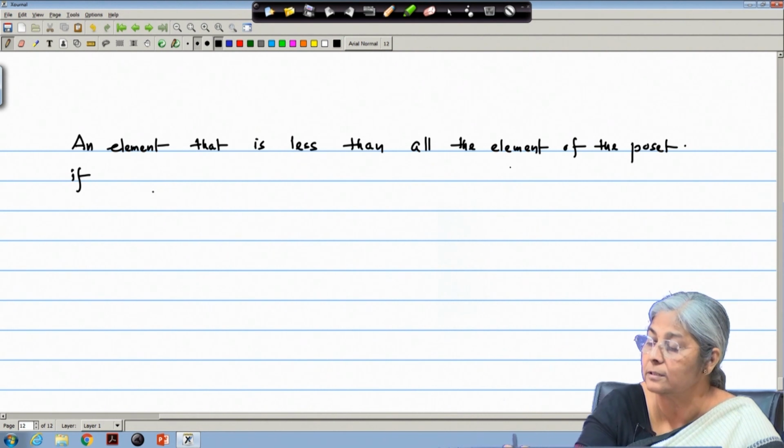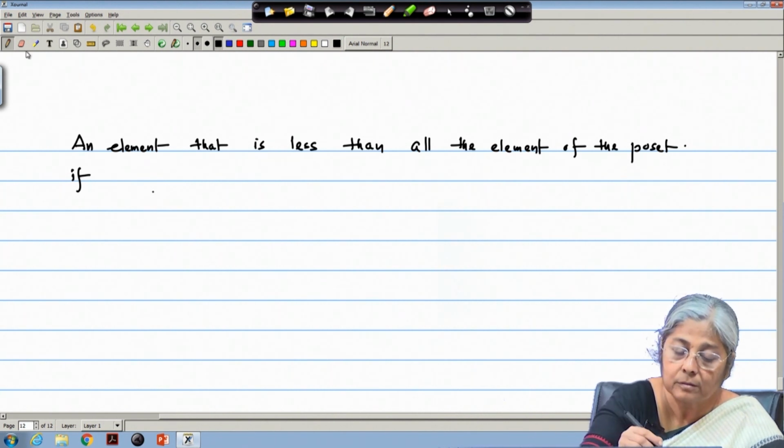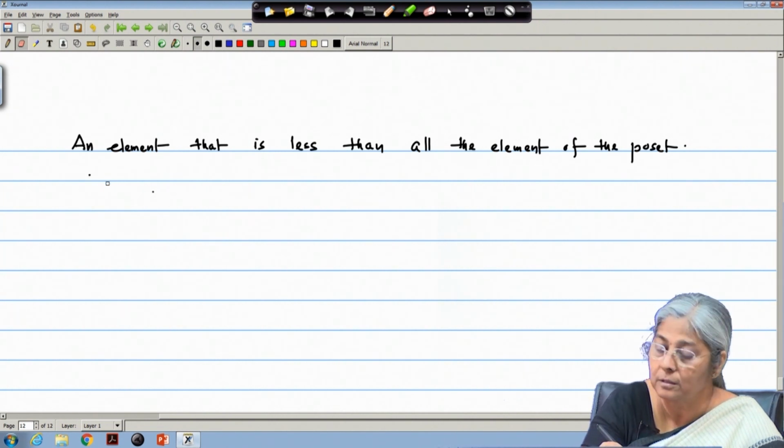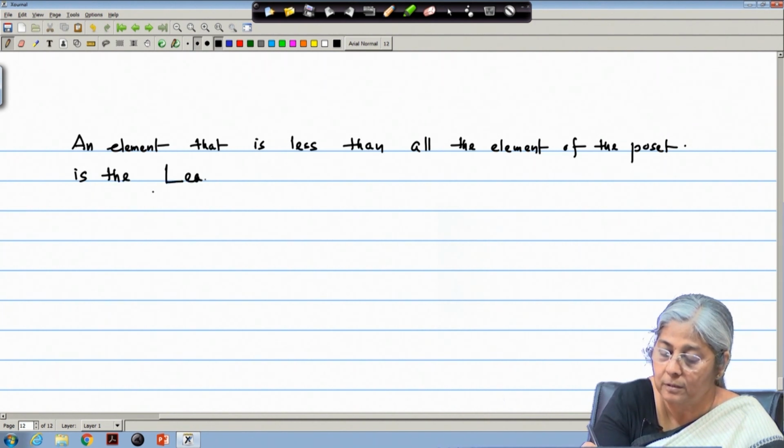An element that is less than every element of the poset is called the least element.